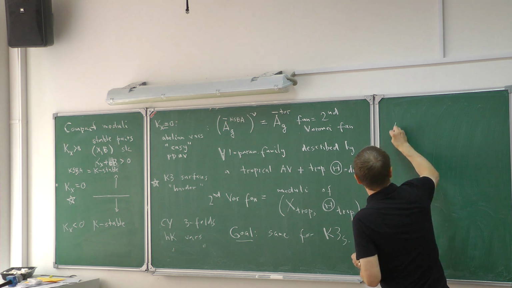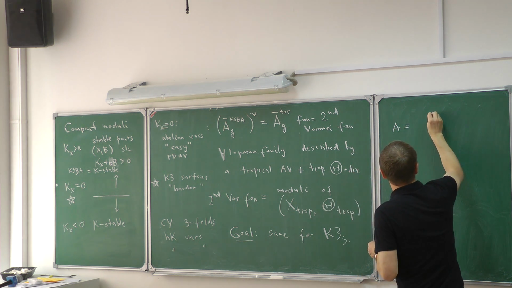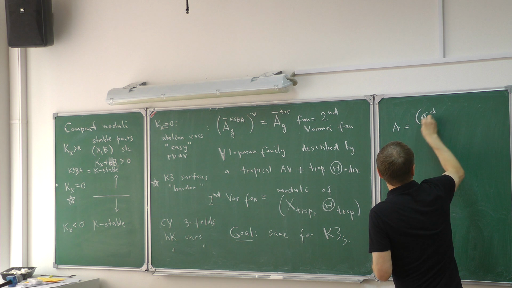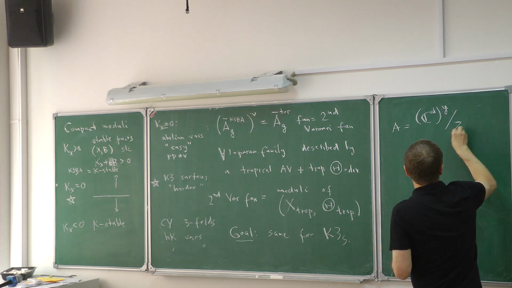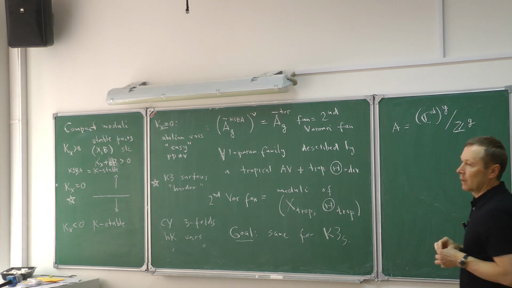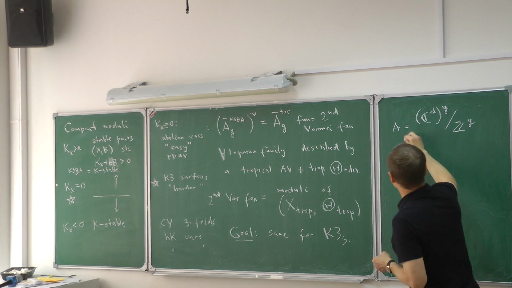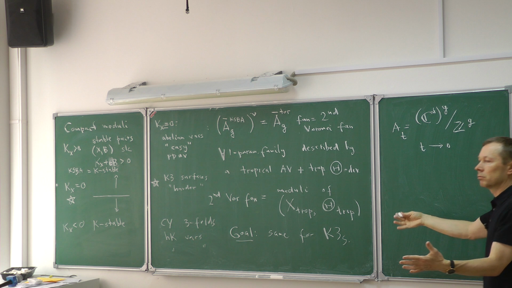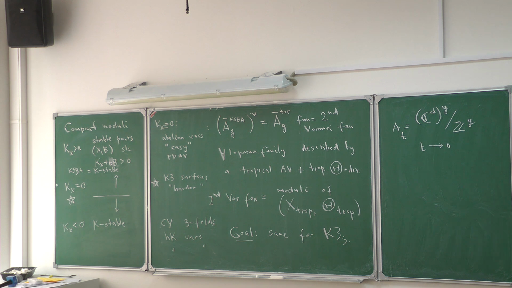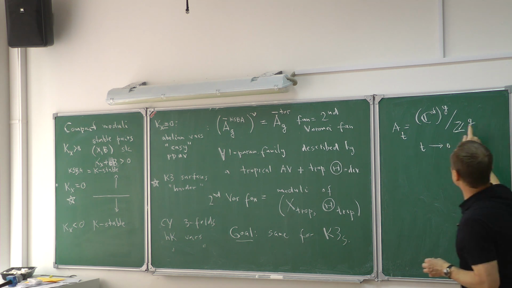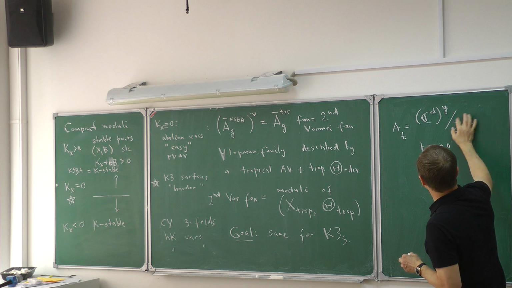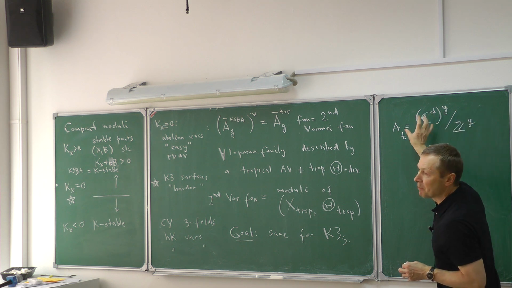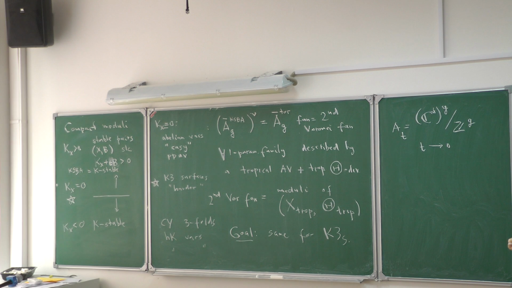An abelian variety of dimension g I will write as C star to the g modulo Z to the g. And so I will have a family of such varieties, and t will go to 0. What's changing is the way the Z to the g is embedded into C star to the g. There are different embeddings, a one parameter family.